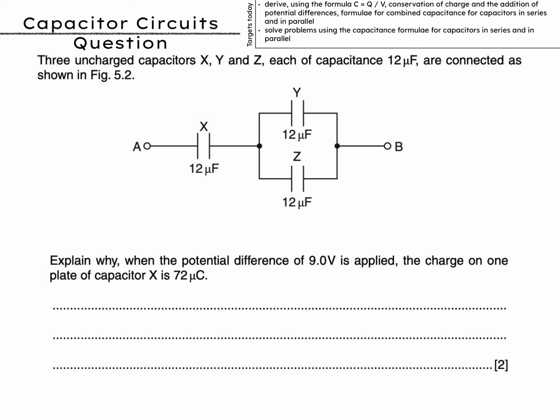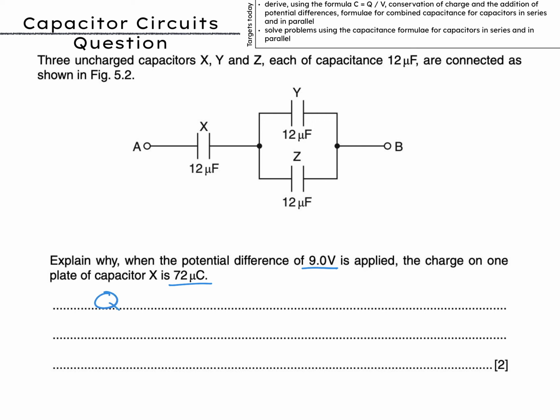Next, explain why, when the PD of 9 volts is applied, the charge on one plate of the capacitor X is 72 microcoulombs. And we've got the same circuit here still. So for this question, we need to show that the charge is 72 microcoulombs.